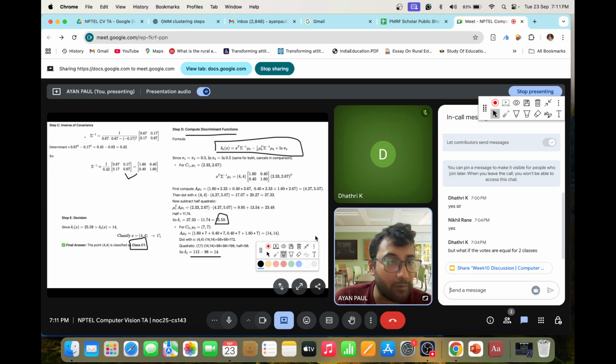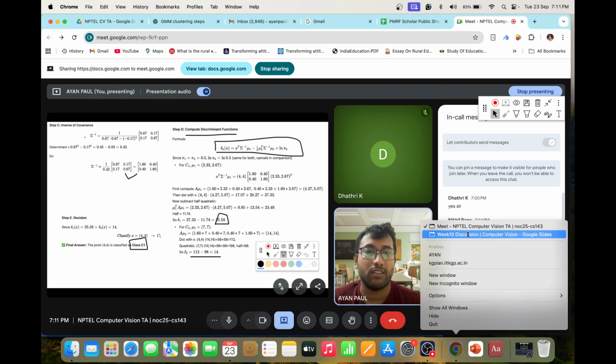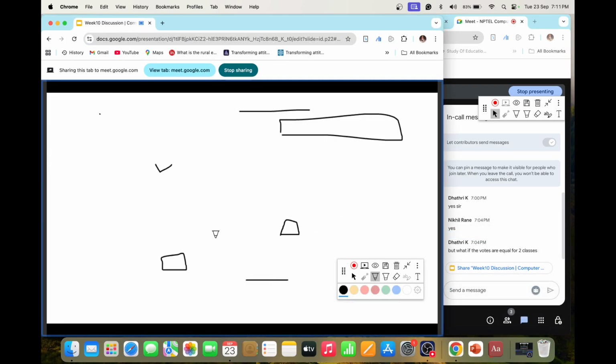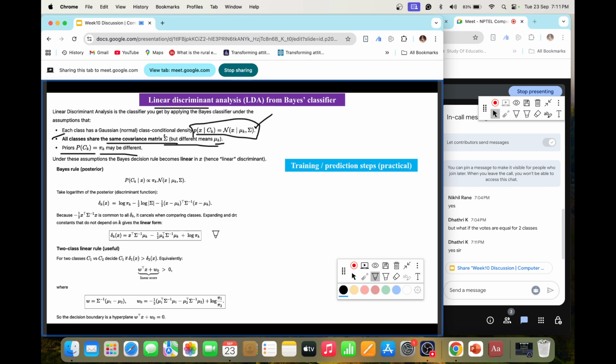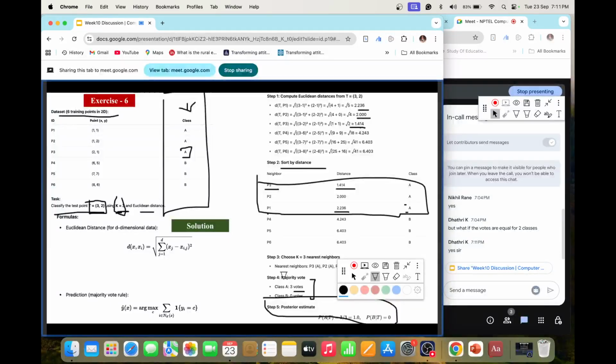But what if the votes are equal for two classes? Which I think is the previous question you are asking, right? K nearest neighbor, right? If the votes are equal for both classes, that is why we choose K always as odd.